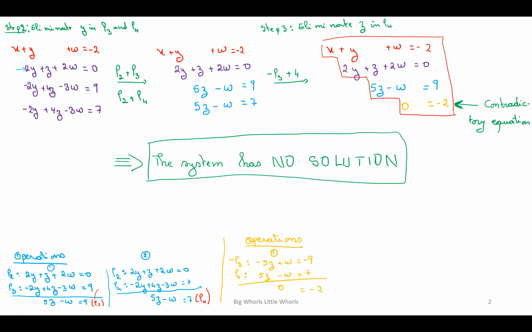I think I'm going to stop here, otherwise the tutorial will be too long. In the second video we are going to continue the tutorial about Gauss's method. We are going to do two questions, two systems of equations, and in each question we will see the different types of solutions.